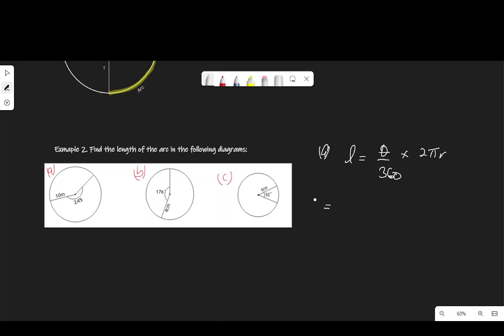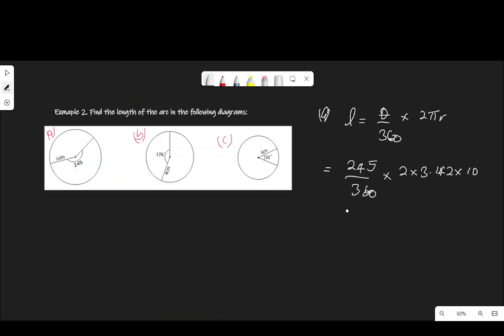And what is theta here? Theta is 245. So 245 divided by 360 times 2 times 3.142 times the radius. Radius is 10 there.